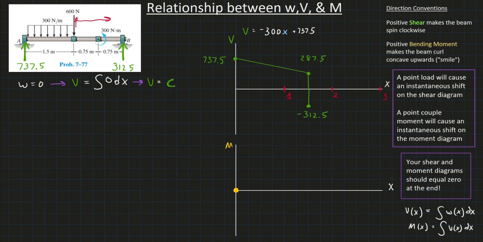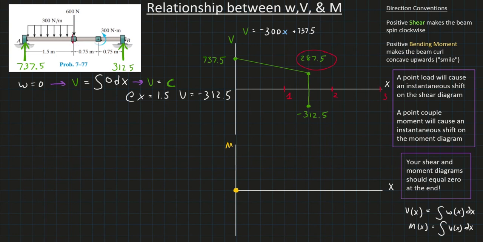And we can figure out what this constant is, because at x is equal to 1.5, right where we left off here, my v is equal to that negative 312.5. And you may be asking, all right, wait, why isn't it 287.5? Well, it's 287.5 right before we hit that 600.